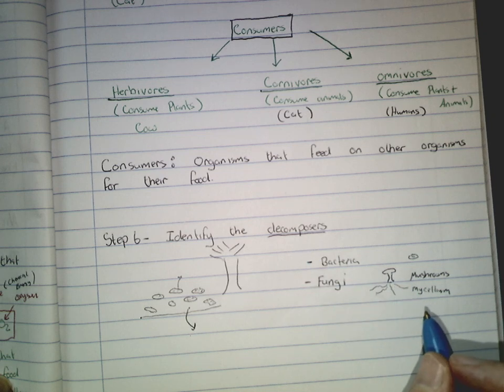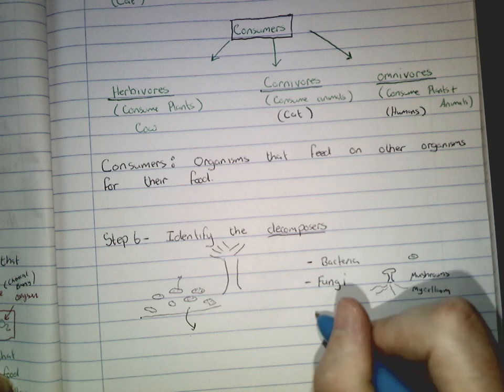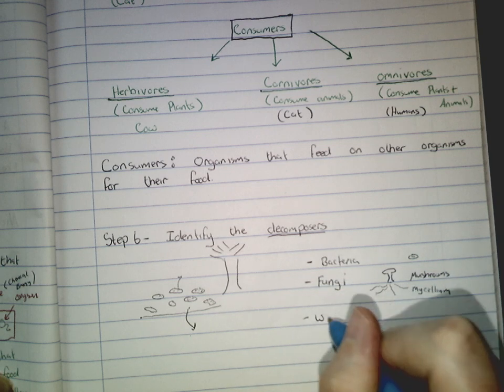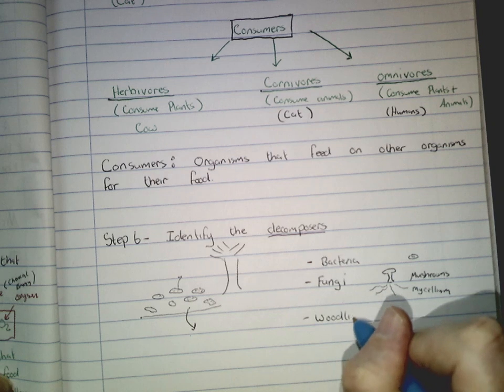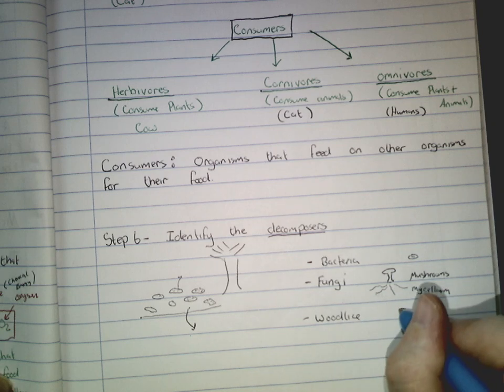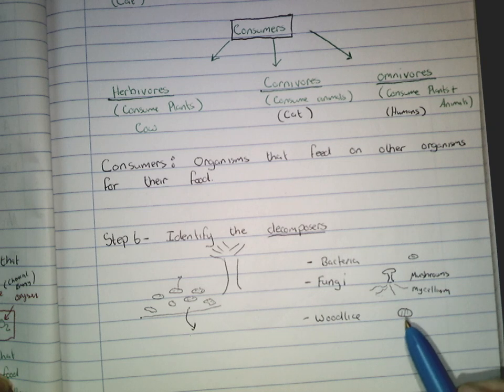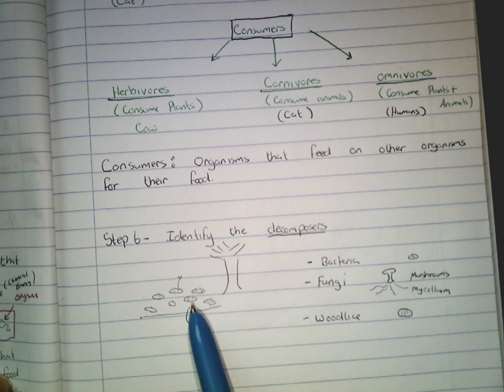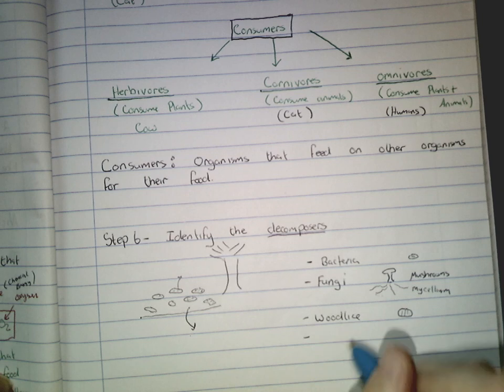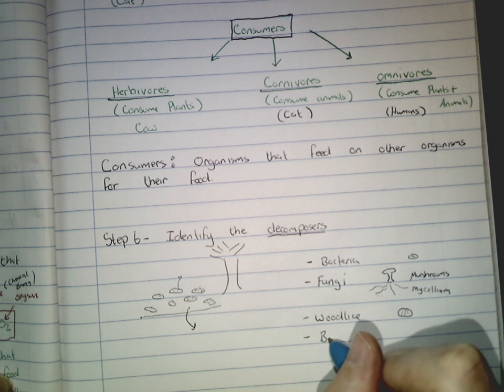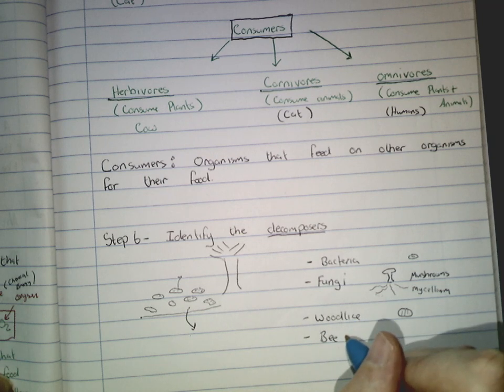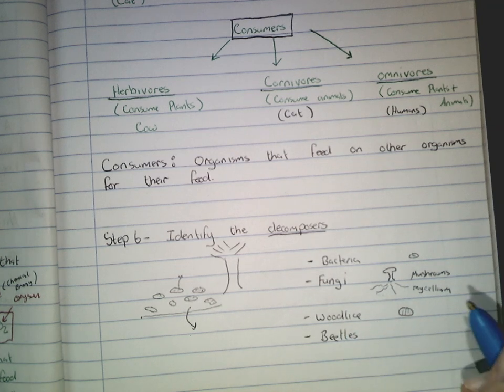Then you have other organisms. For example, you have things like woodlice. They're kind of weird looking things, and they kind of look like that. They decompose or break down things like leaves. You also have certain beetles that are known as decomposers as well.